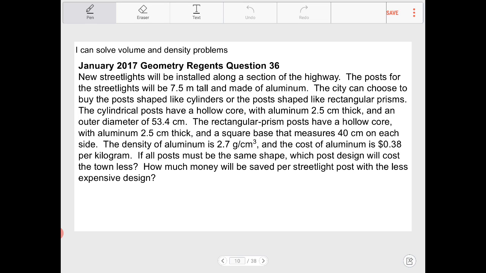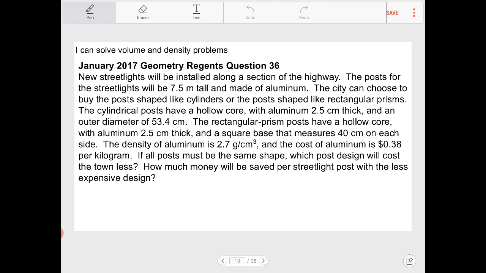The cylindrical posts have a hollow core with aluminum 2.5 centimeters thick and an outer diameter of 53.4 centimeters. The rectangular prism posts have a hollow core with aluminum 2.5 centimeters thick and a square base that measures 40 centimeters on each side.